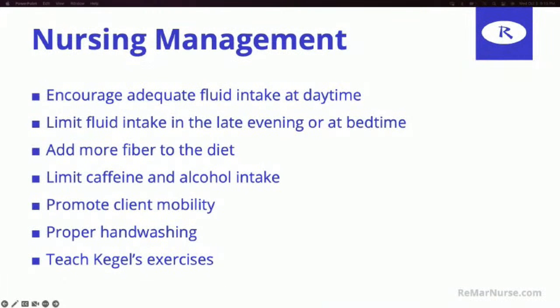So our nursing management, we are going to do the daytime intake of fluids, not so much at night, limiting fluid intake in the late evening or bedtime, adding more fiber to the diet, because with fiber to the diet, why? Tell me this. I'm not telling you guys everything today. I'm giving you generals. I want you to give me the rationale behind it.